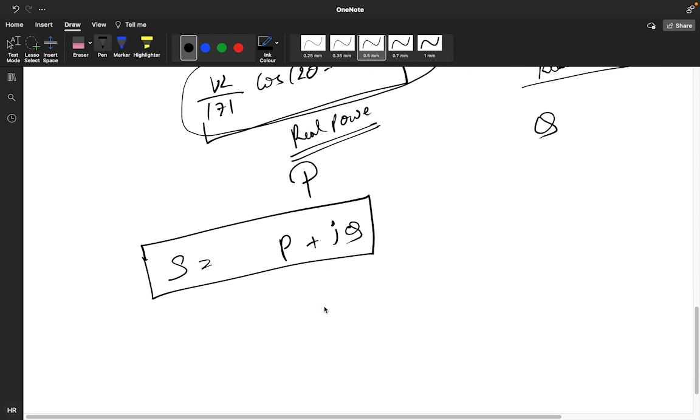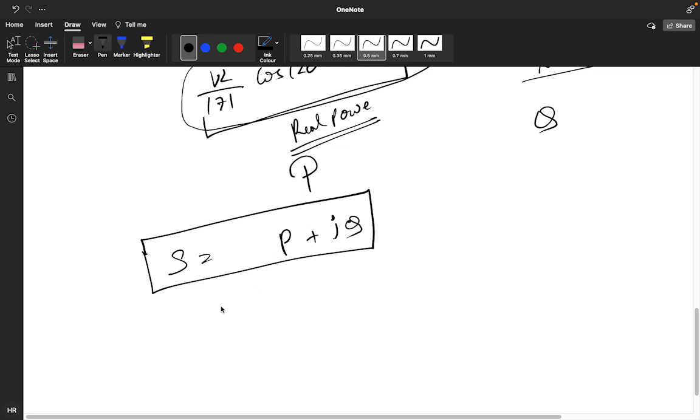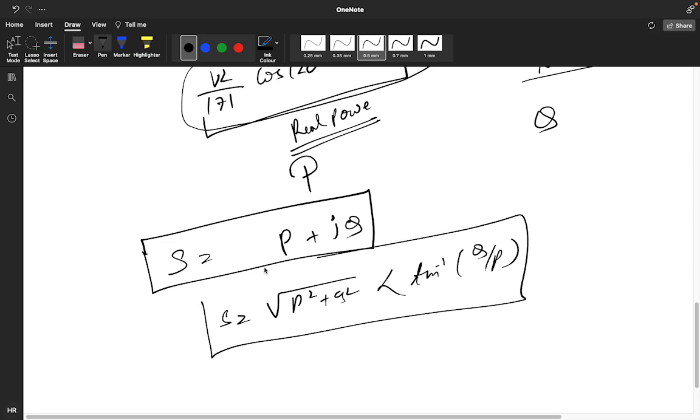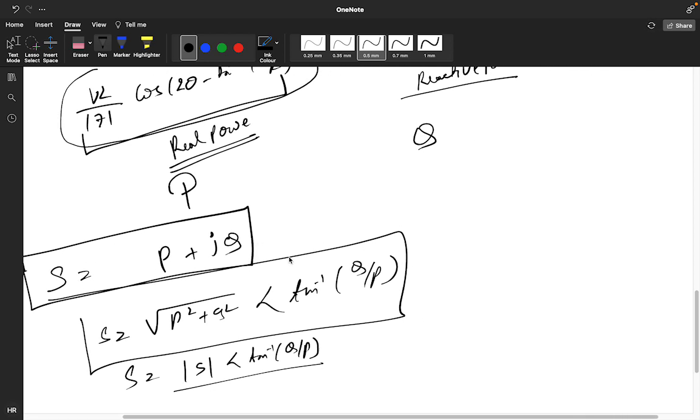Now your S value can be written as the root of P square plus Q square at an angle tan inverse Q by P. So S is nothing but mod of S at an angle tan inverse Q upon P. How can we represent this form?